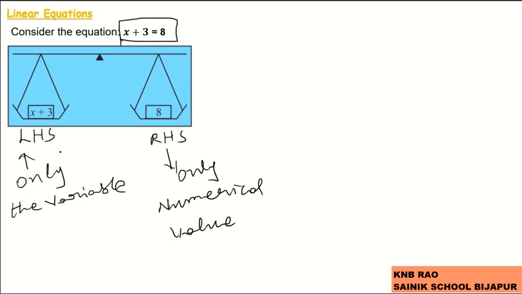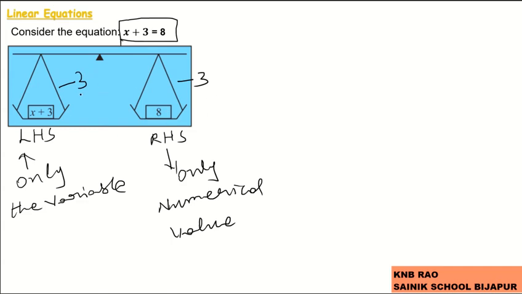So that is what we aim for. Here in this left hand side pane, x plus 3, that means one numerical value is there, so I have to take that away. How will I take it away? I will take it away by subtracting 3 on the left hand side. With the same number I have to do the same operation, that is subtracting 3 on the right hand side also.